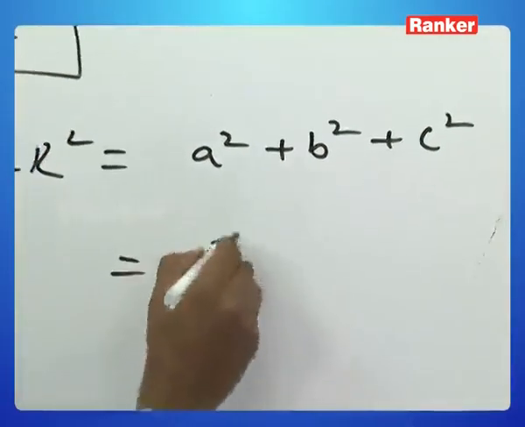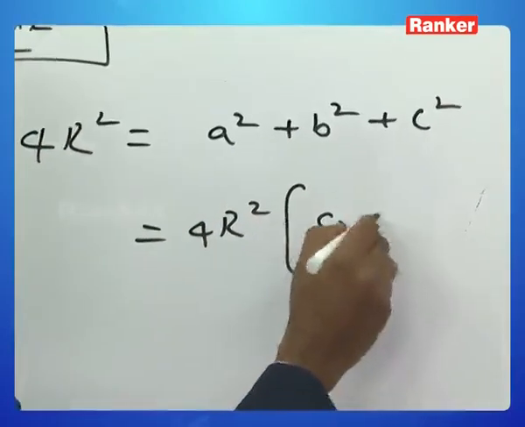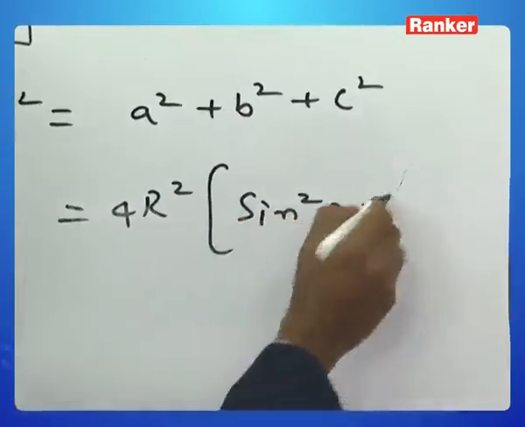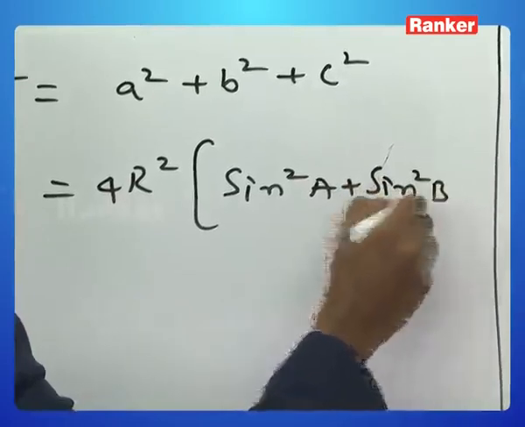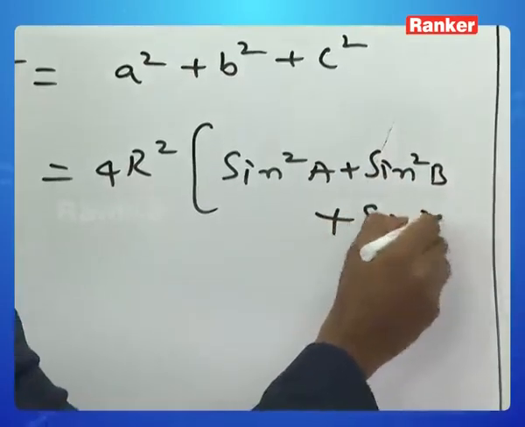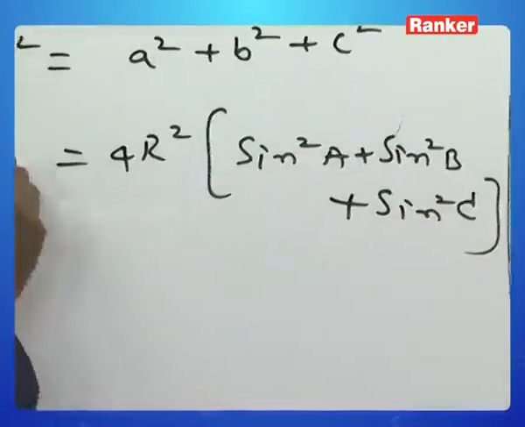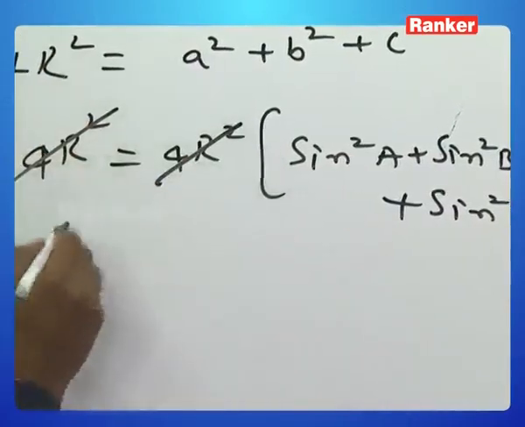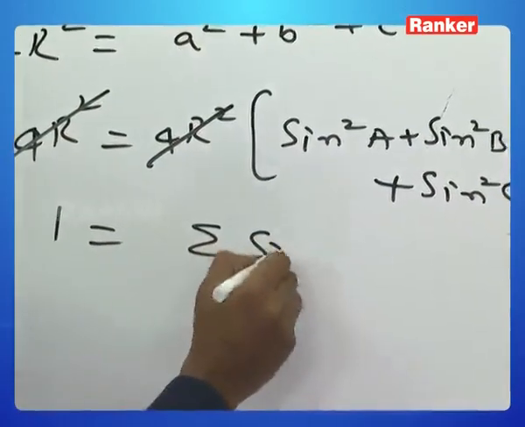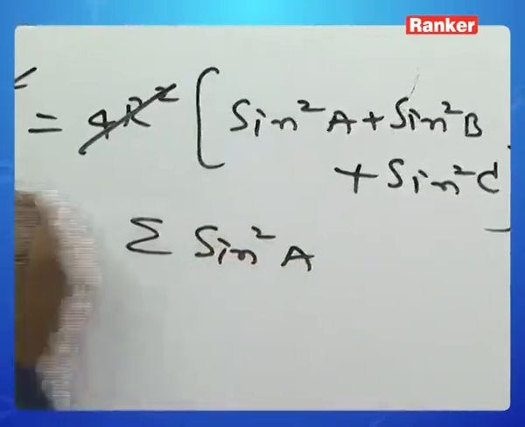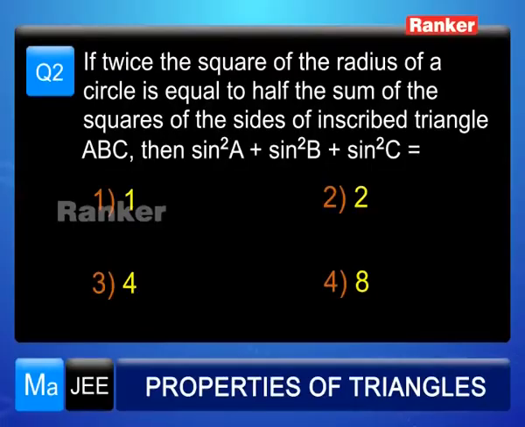That is 4R square into sin square A plus sin square B plus sin square C is equal to 4R square. This 4R square can be cancelled and we have sigma sin square A to be equal to 1. And that is what appears clearly in option 1. Option 1 is the right answer.